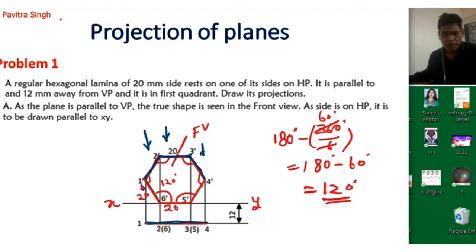So this will be points 1, 2, 3, 4. Points 5, 6, meaning this line, this line, this line, will be on the back side. You can see at this point, point 2 is here and point 6 is here, and points 5 and 3 will be on this point. So this is the top view of this hexagonal lamina. This was the solution of this problem.